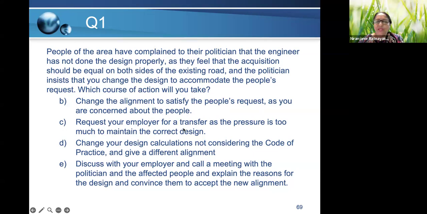Request your employer for a transfer as the pressure is too much to maintain the correct design. Change your design calculations not considered in the code of practice and give a different alignment. Discuss with your employer and call a meeting with the politician and the affected people and explain the reasons for the design and convince them to accept the new alignment. What would you do?